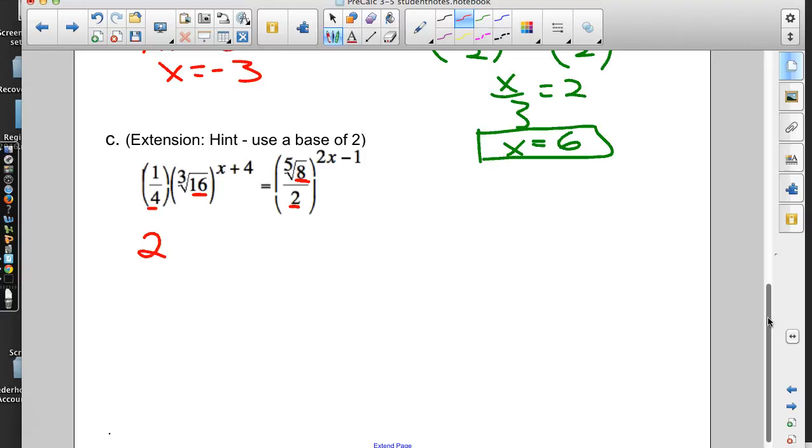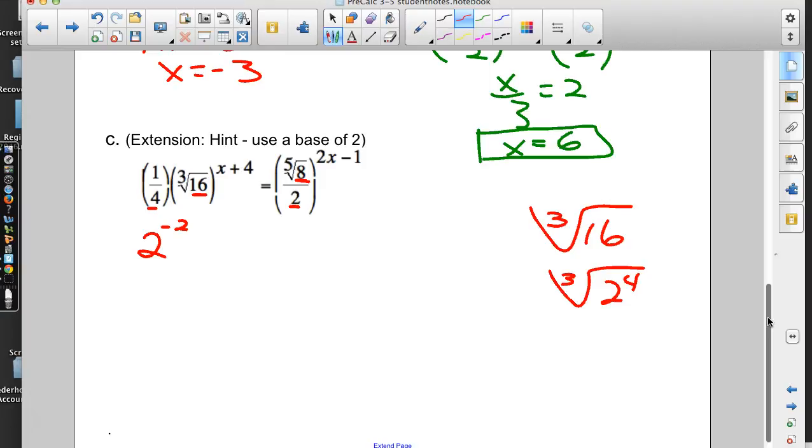2 to the... now it's got the cube root of negative 16, and then that's raised to a power. But I want to focus our energy on this for a second. 16, 2 to what power? 2 to the 4th.